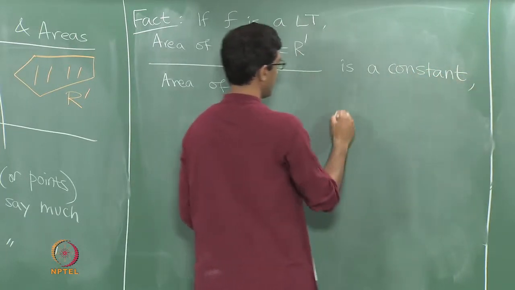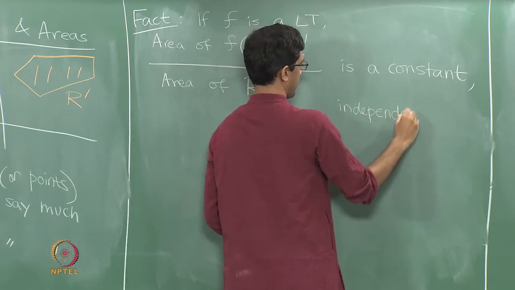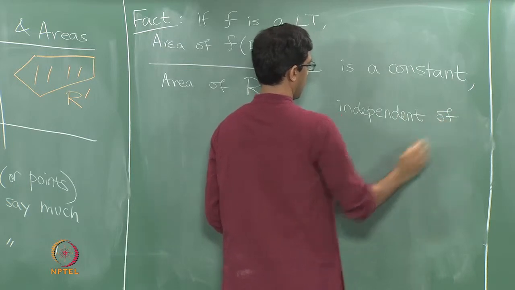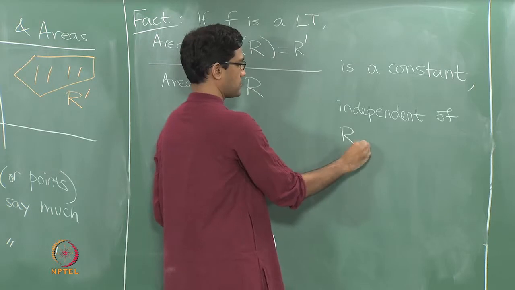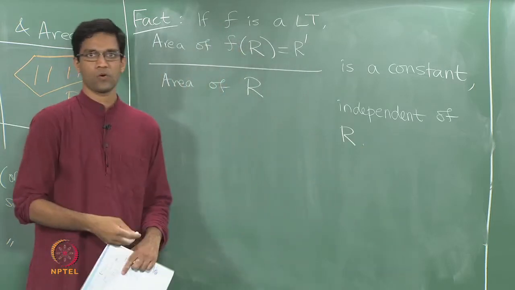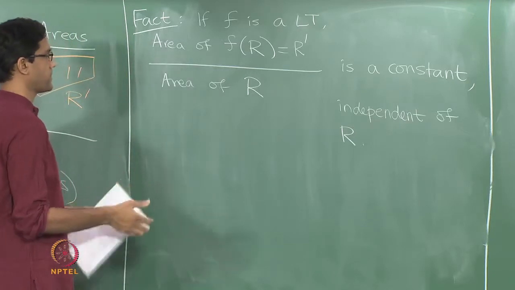By constant I mean it is independent of the region R. It does not matter what shape the region has, where it is located, and so on. So it is absolutely independent of R; the answer will always be the same.